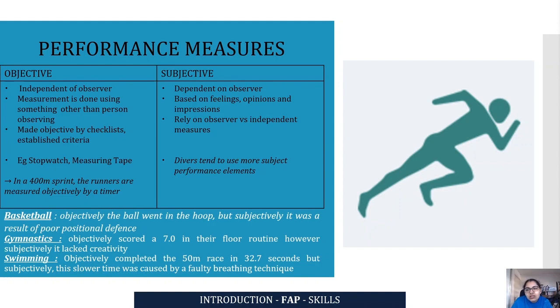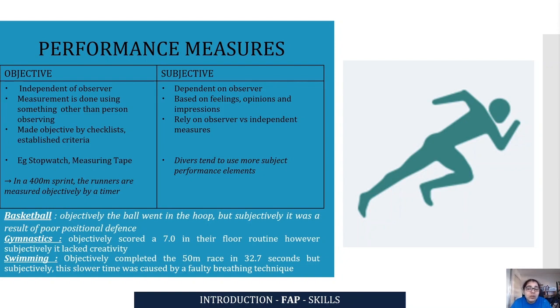So let's have a look at performance measures. So there are objective versus subjective performance measures. Now, an objective performance measure is independent of the observer. The measurement is done using something other than the person observing. So this is where we have a quantitative way to measure the thing.